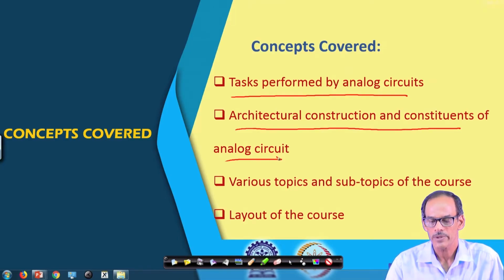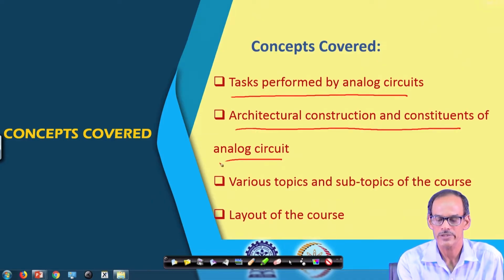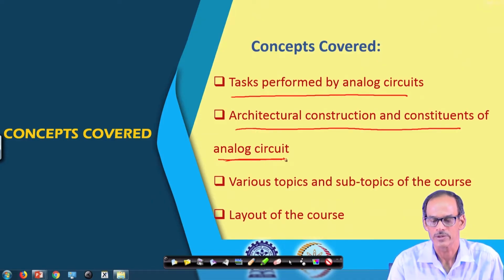So, this will help us to understand why a specific flow has been followed in this course, and how each of these subtopics is useful to construct analog circuits, analog systems or analog subsystems.